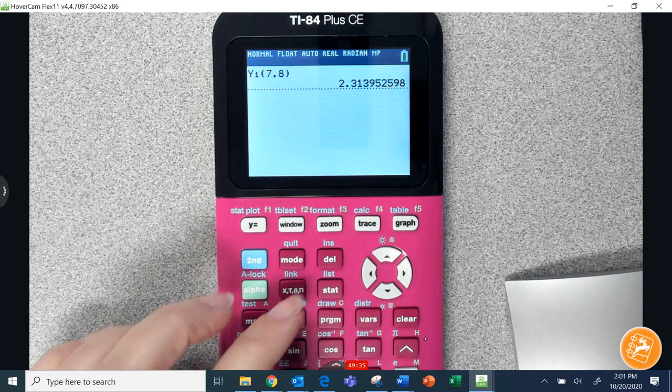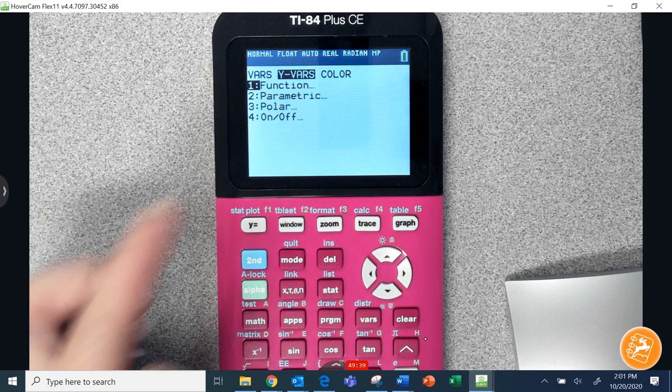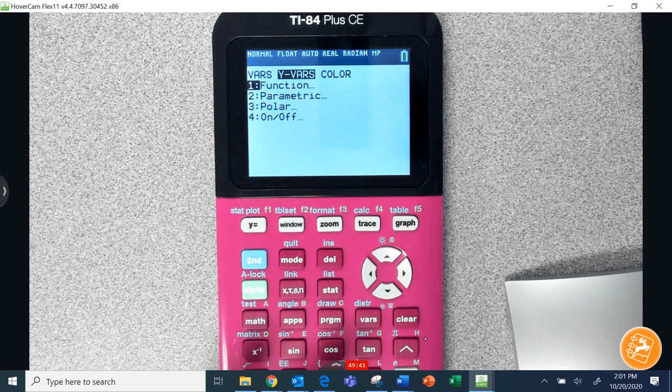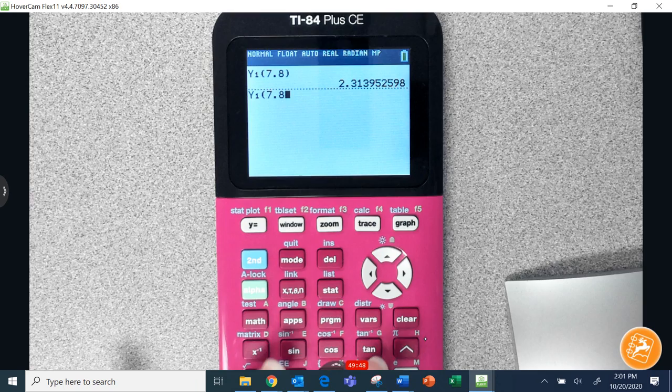Again, I went vars, then y vars, function, and there's my y1, and 7.8. So it's the same thing as doing f of, we just don't have an f, we have a y instead.